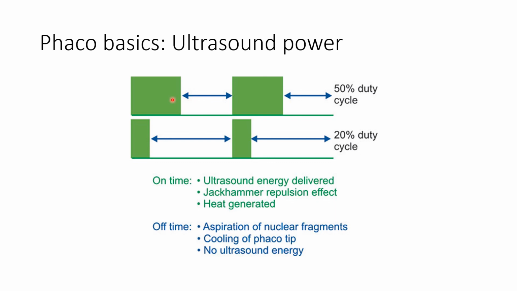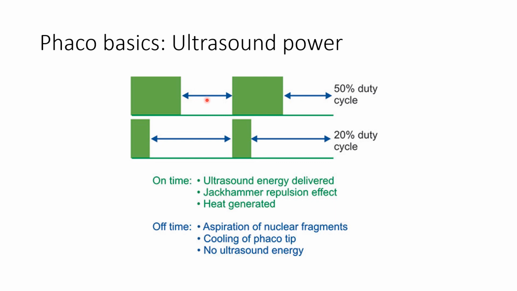The phaco power is known to have a repulsion effect on the phacoemulsification process, and the pieces floating in the anterior chamber aqueous cavity may get repulsed with continuous phaco power. So you have the off cycle, which improves the aspiration and followability of these pieces, and it also provides cooling of the tip.